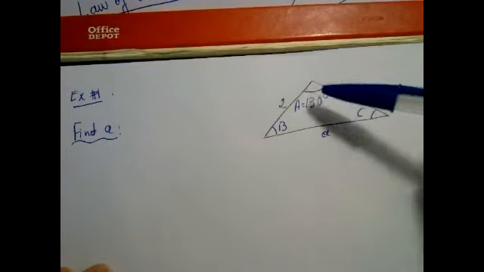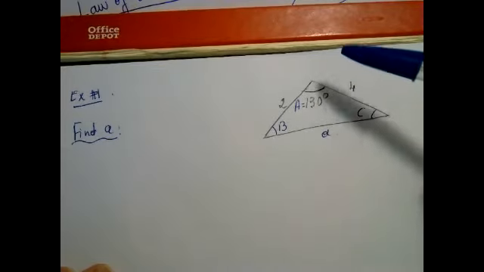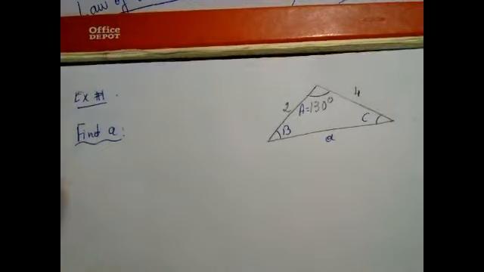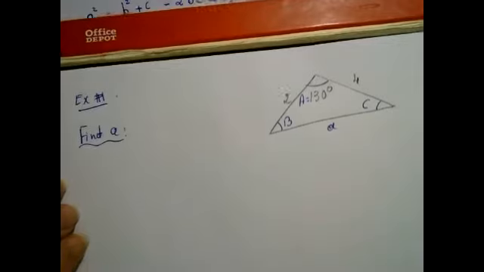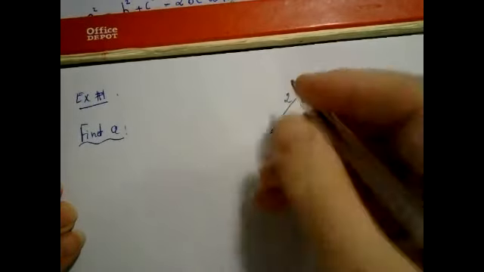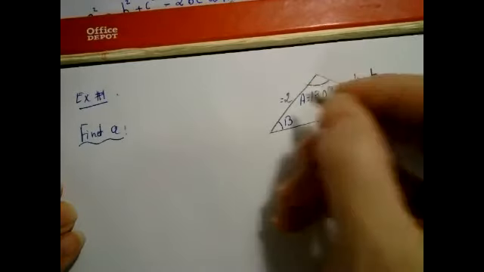So let's be very precise. I gave you this side and the angle in between, and I want you to find A using the law of cosines verbatim. So I'm going to write the law of cosines for this situation. I will call this little c, and this has to be little b, and this little c.